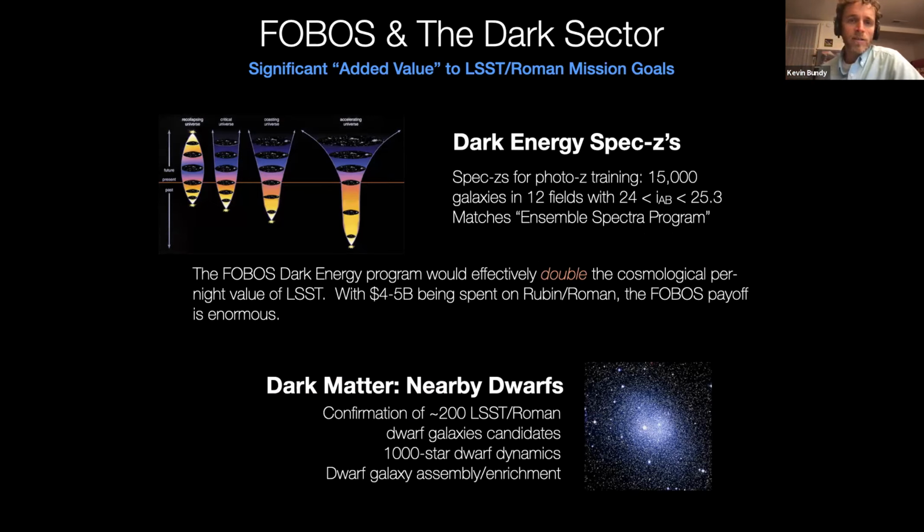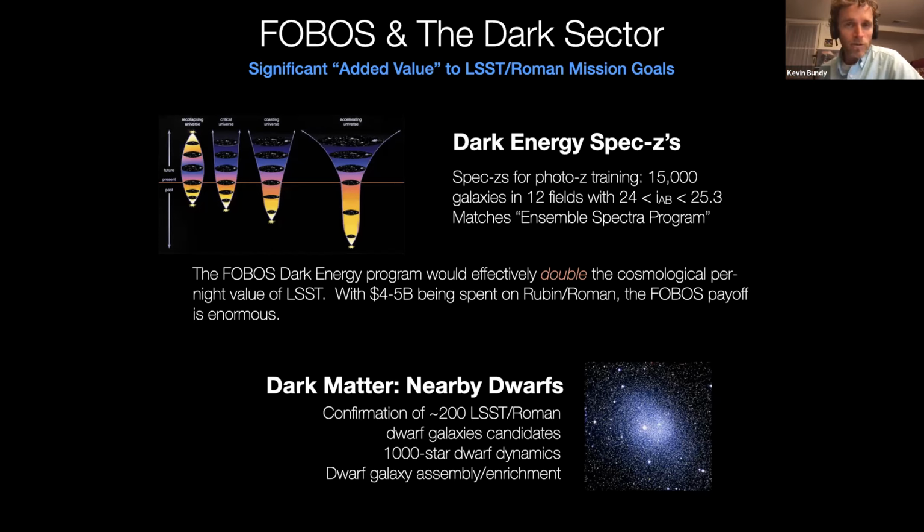Let me just mention the dark sector. We have an important role to play in terms of calibrating photometric redshifts for Rubin and Roman. And so the same program, or a very similar program to what I described for being able to stack and get high signal to noise spectra of redshift 2 galaxies, a very similar kind of program is needed to get redshifts for photo-z training.